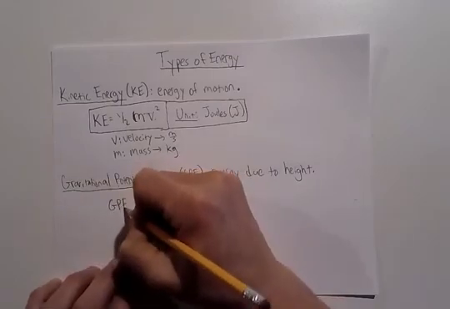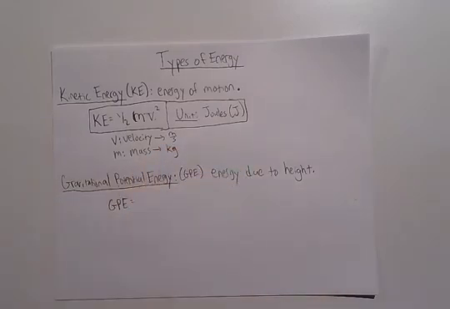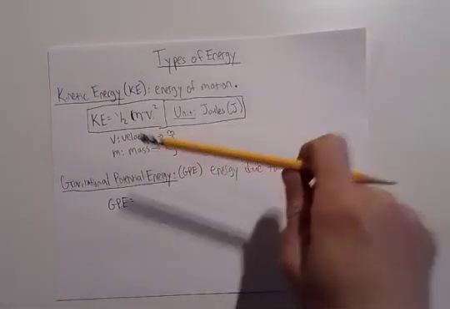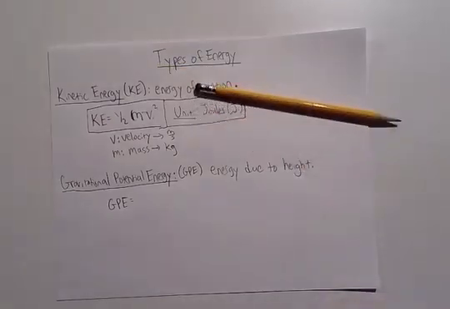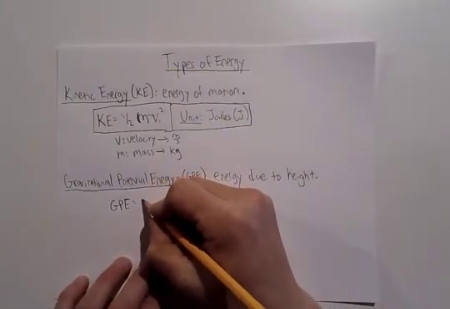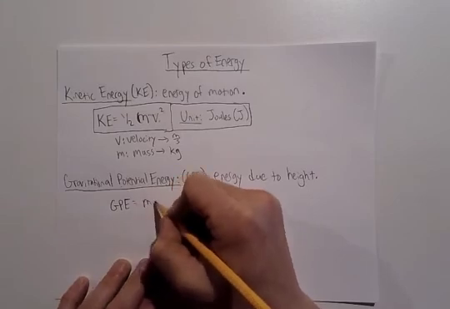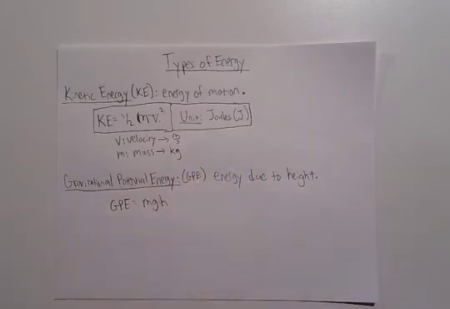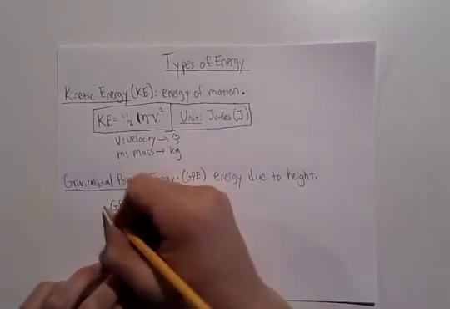So these two types of energy are related when you drop something, right? The GPE, you lift it up and give it GPE, and it changes into KE when it starts moving when you drop it. So to calculate GPE, you do mass times, remember a little g, gravity, times the height, right?